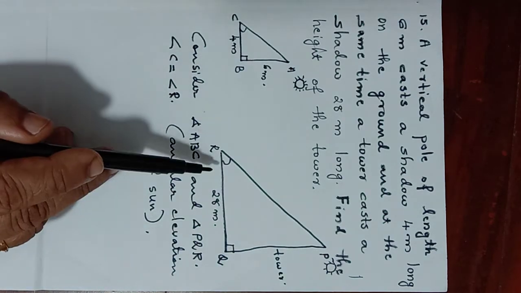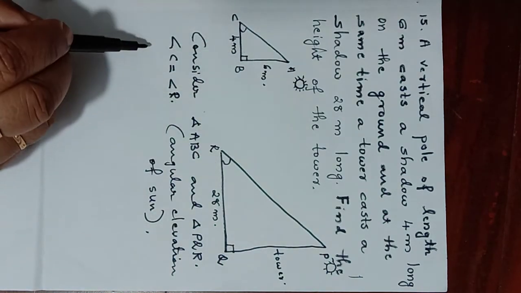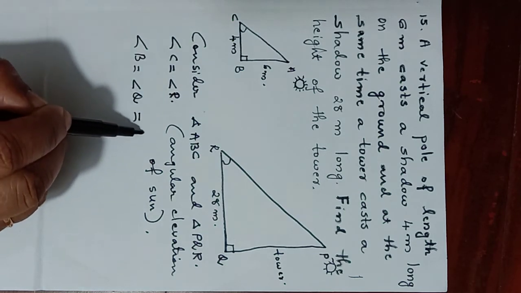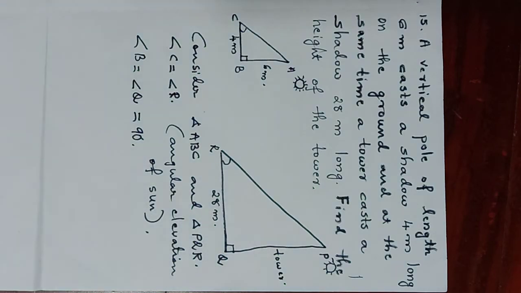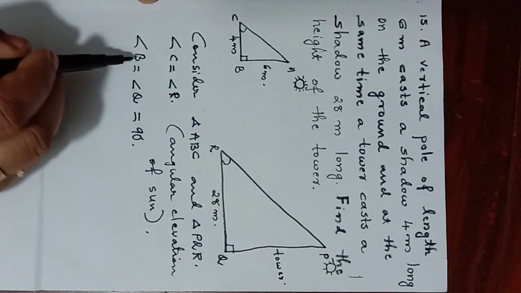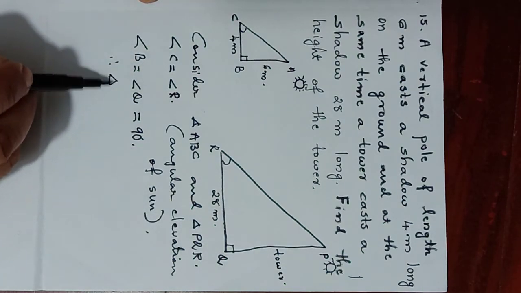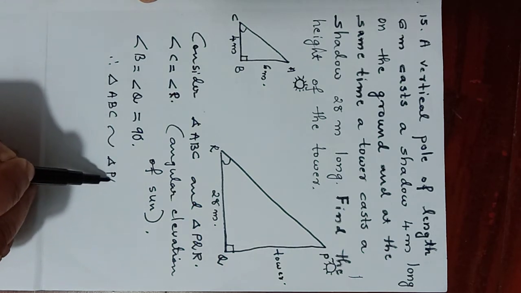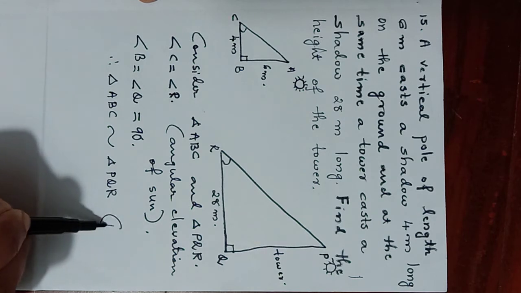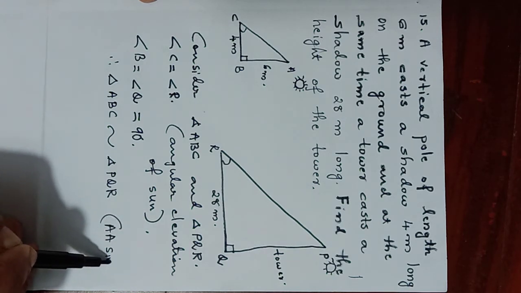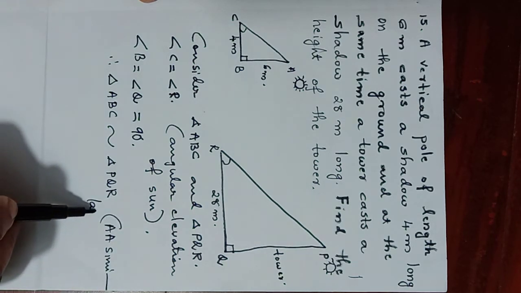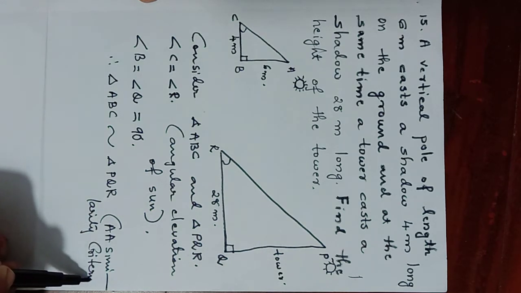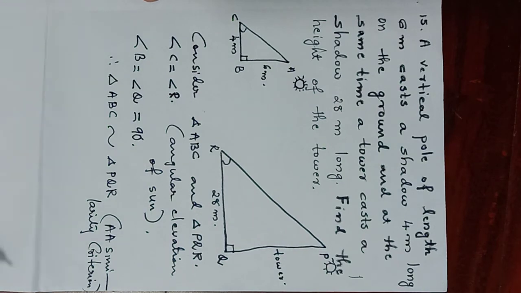Angle C is equal to angle R. And here angle B is equal to angle Q, that is equal to 90 degrees. It is understood from the question. Therefore, can't you write it as triangle ABC similar to triangle PQR? It's by AA similarity criterion. AA similarity criterion. Yes.